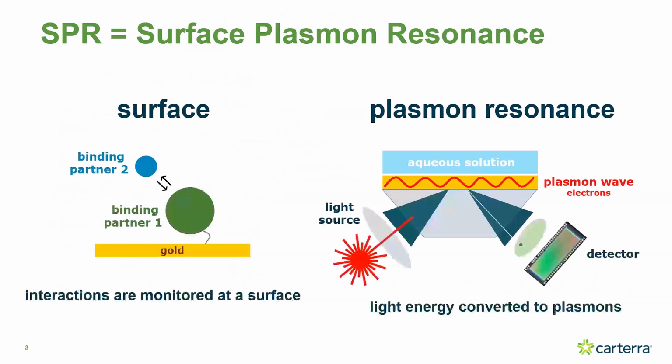The reflected light varies in brightness. It goes from being fully bright to a dim spot as we approach that critical angle where the photons are lost to the SPR response, and then it goes back to brightness. So we observe that for every spot on the array on the detector.